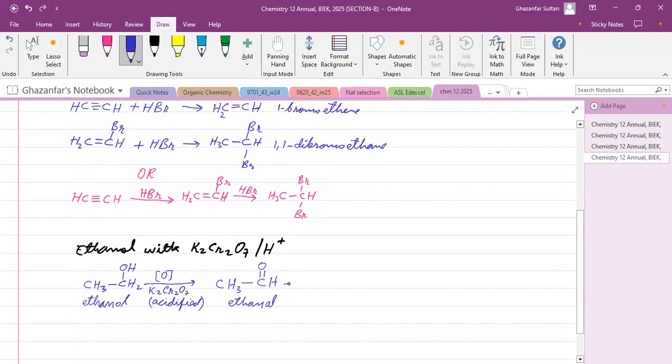In the next step, as this reaction does not stop here, another oxidation step occurs with K2Cr2O7/H plus. You can write it like this, or you may write H2SO4 as well. So the final product would be ethanoic acid.